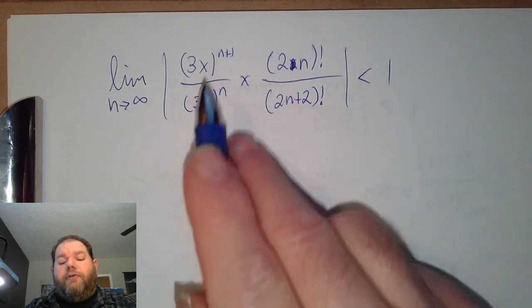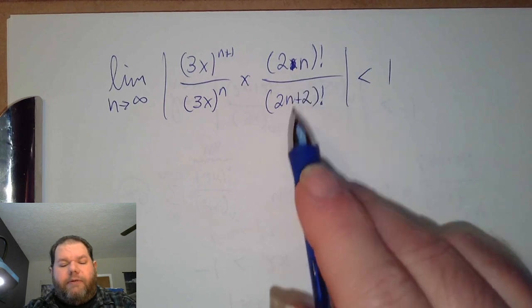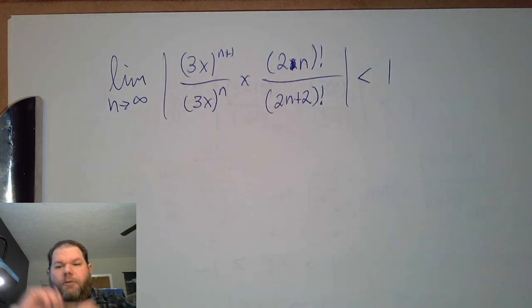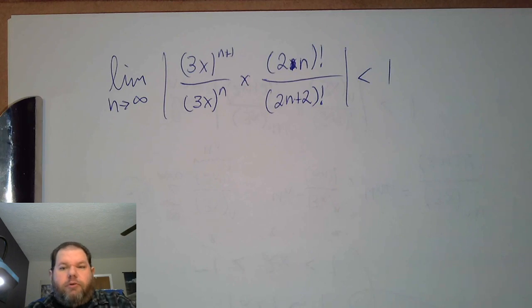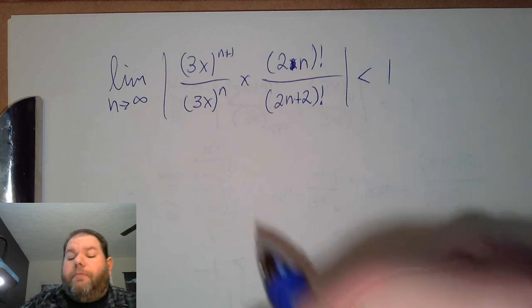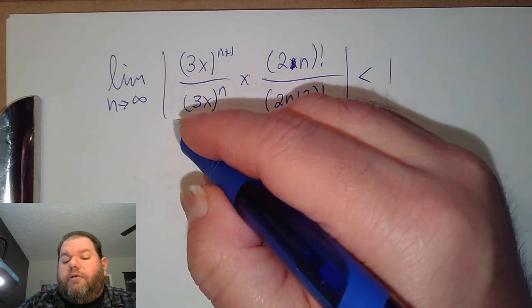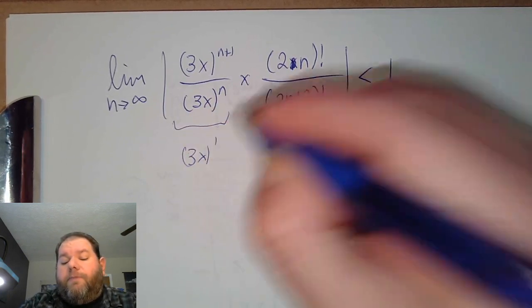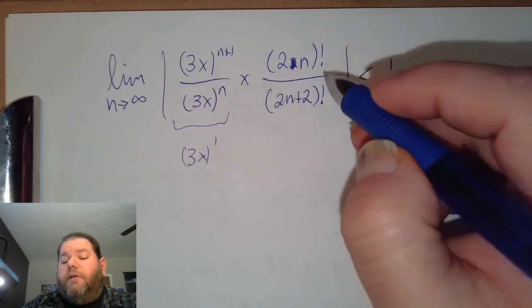We know we're going to reduce or simplify these, and likewise these will somehow simplify, and that way we can pair them up vertically. Now, we know here that's going to give us 3x to the first power after we simplify.